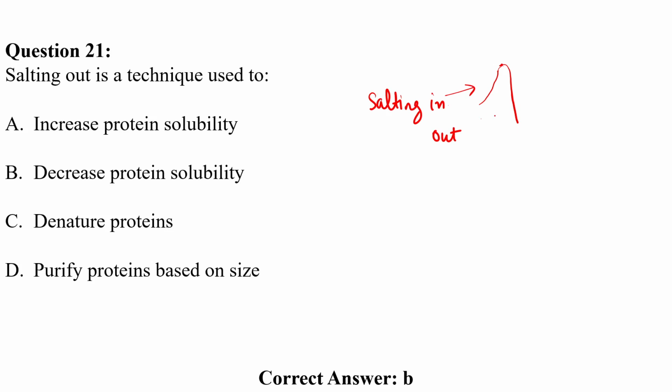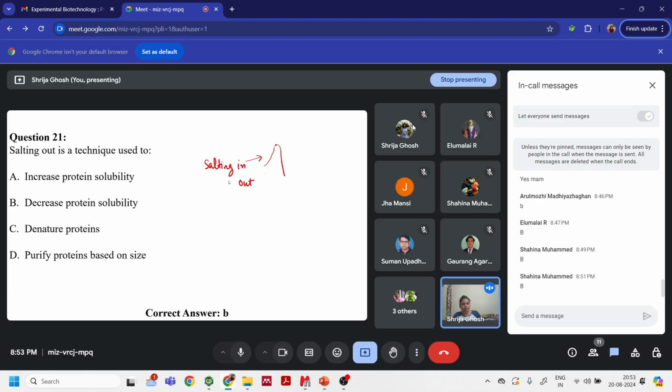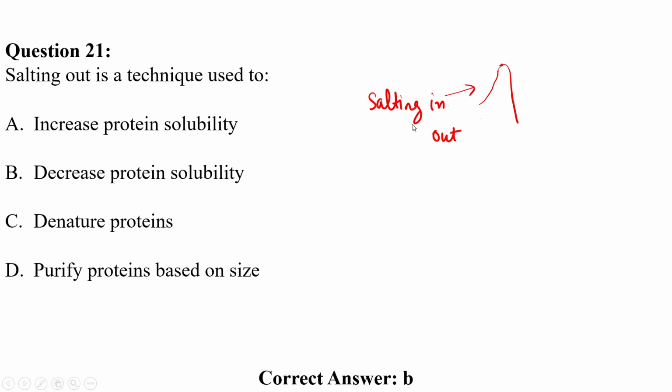When the solubility starts decreasing, the protein will start precipitating out of the solution, and that is called salting out. So you are taking the protein out of the solution by using high concentration of salt. When you are facilitating the protein to be in the solution by using salt, that is salting in. So there are two techniques. Salting out basically decreases the protein solubility. So the correct answer is option B.